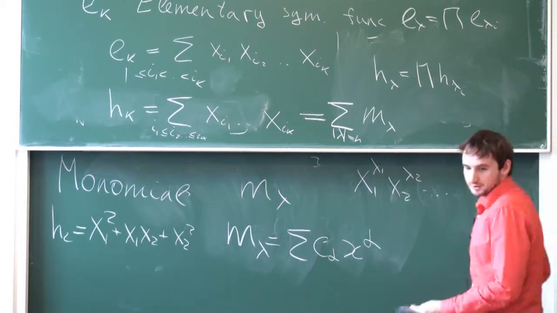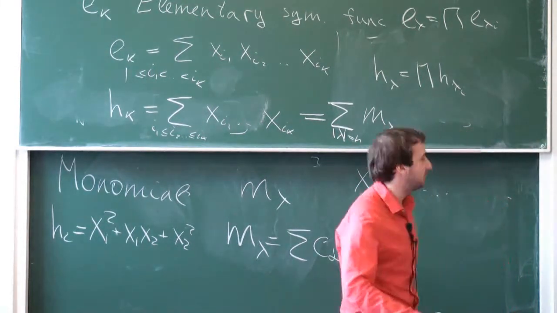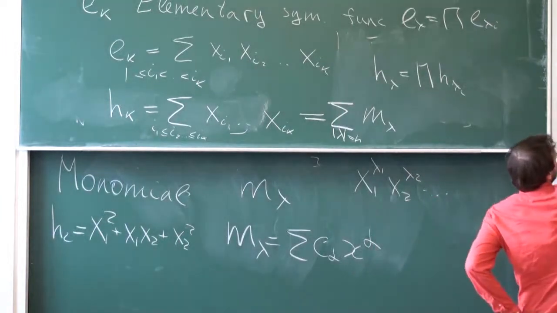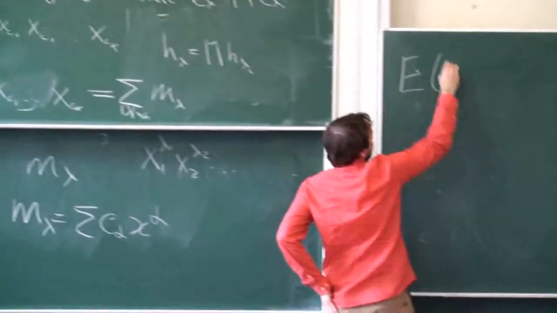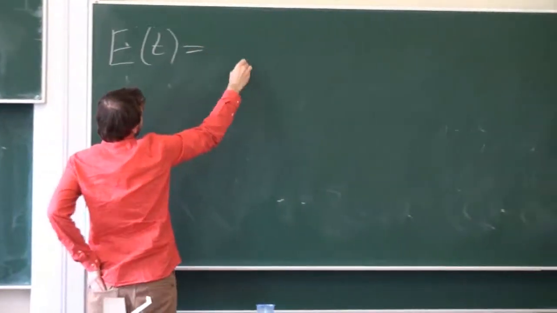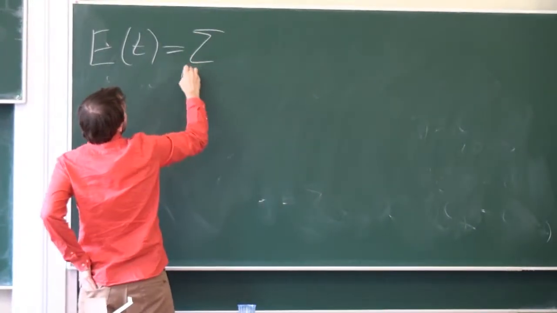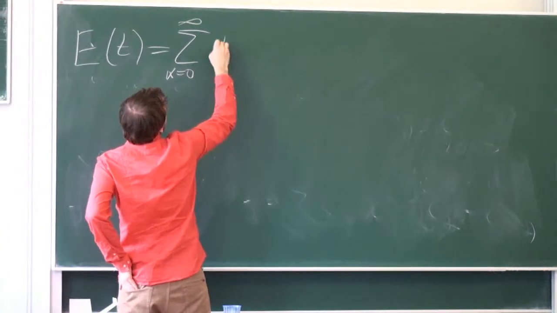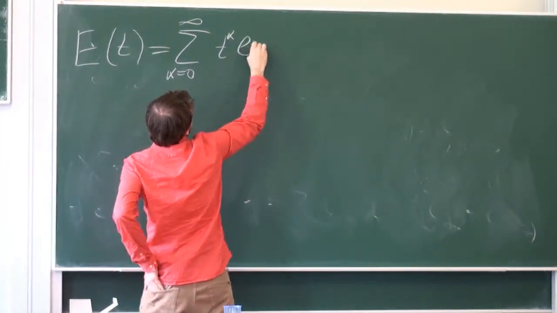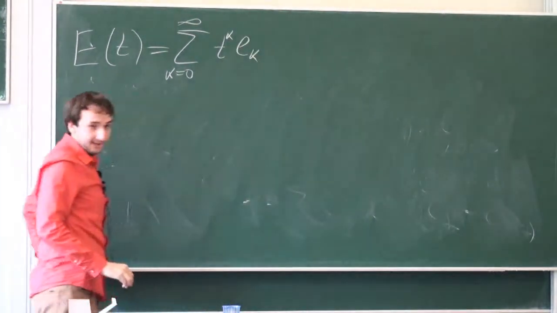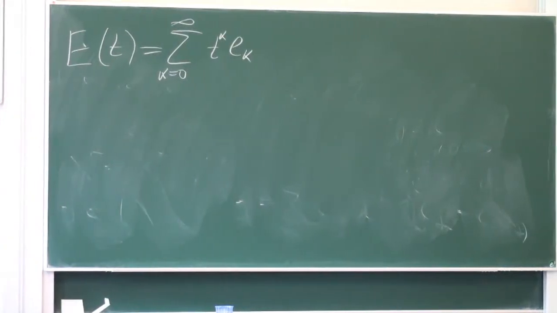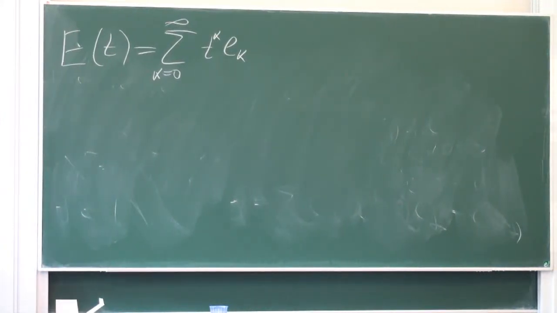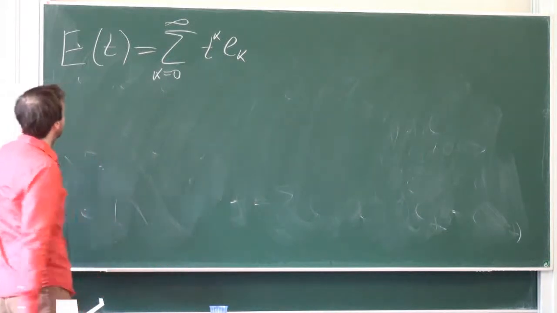So first is the generating function for the elementary symmetric functions. It's usually denoted by big E of t. This is just the formal sum from 0 to infinity of t to the k times ek. Again, we agree here that E0 is 1, so this series starts from 1.